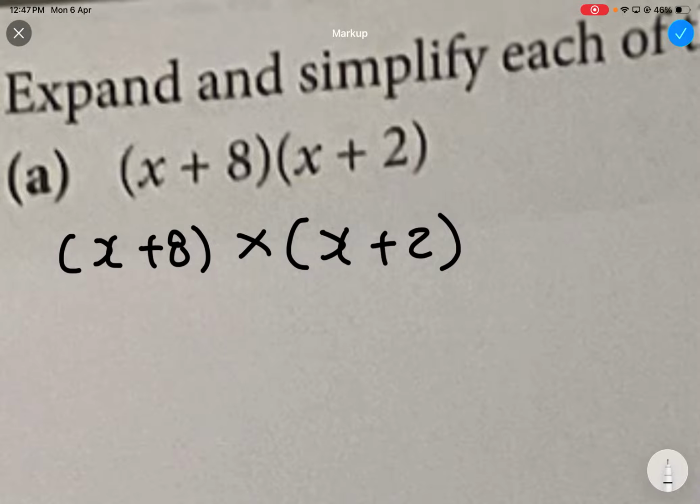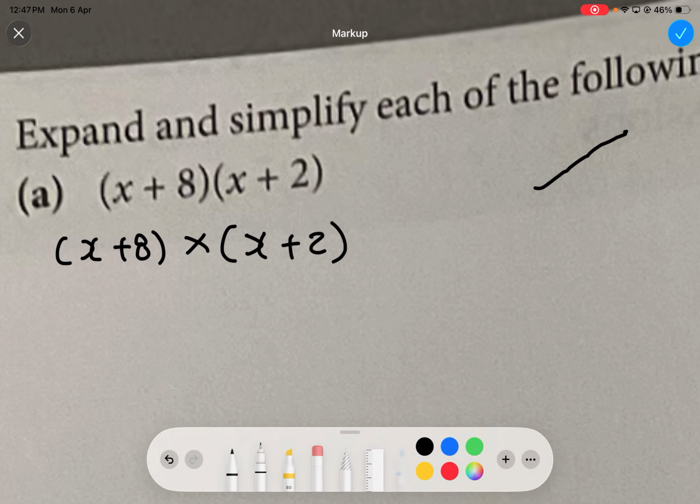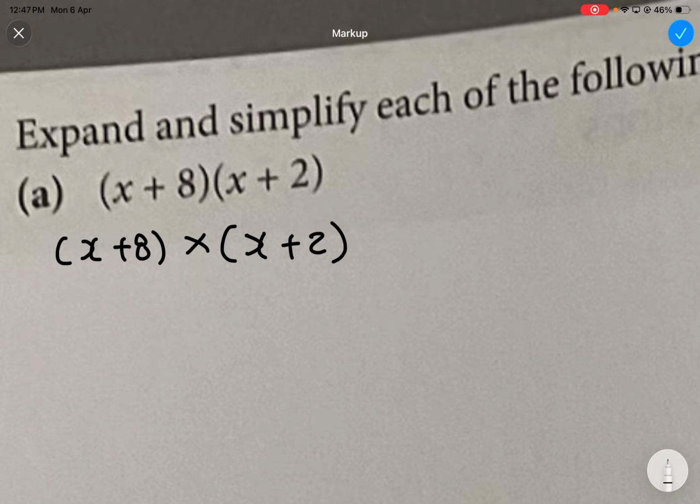what did I use to describe a multiplication? I use the area of a rectangle to describe multiplication. So when I look at this bracket multiply this bracket, can you see that this is like the length and the breadth? When I multiply together, I should be getting an area.